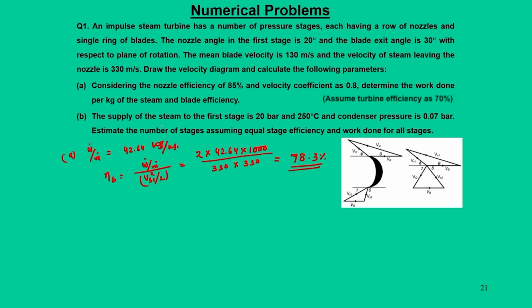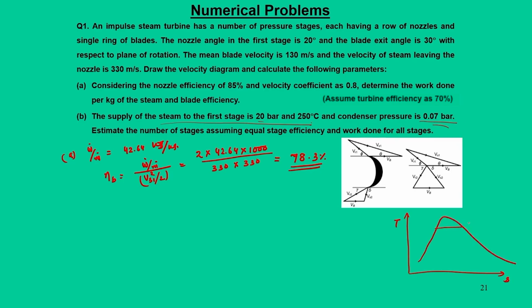Now, for the second part, the steam on the first stage is 20 bar 250 degree centigrade, and condenser pressure is 0.07 bar. So, basically we have to find out the enthalpy drop. For that reason we have to draw either an enthalpy Mollier diagram or a temperature entropy diagram.